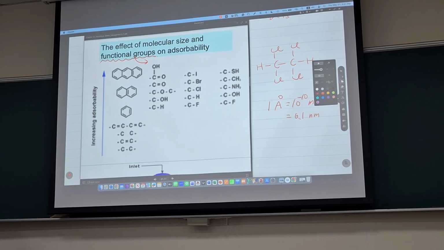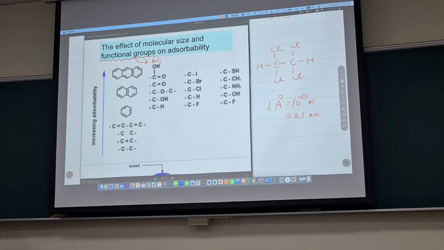The reason we immobilize functional groups on the surface of the pore is that it makes adsorption easier.